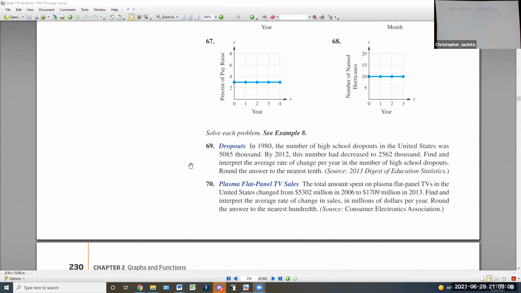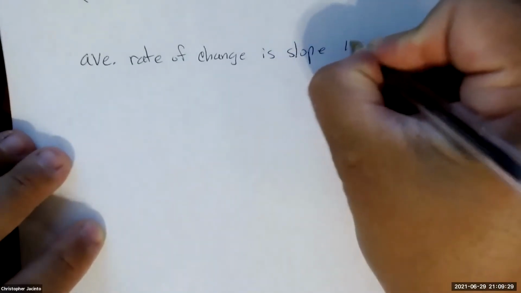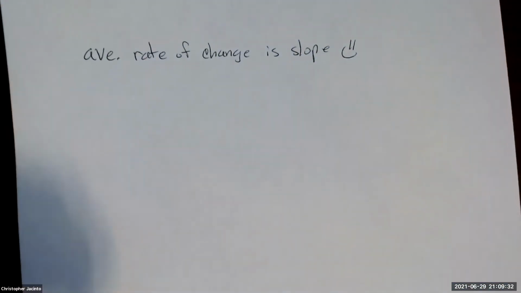Okay, now we haven't really talked about average rate of change, but I'm going to give you guys a little hint. Average rate of change is slope. It's just a fancy word for saying slope.